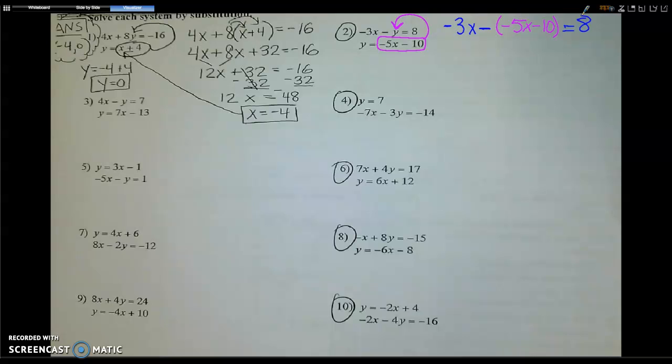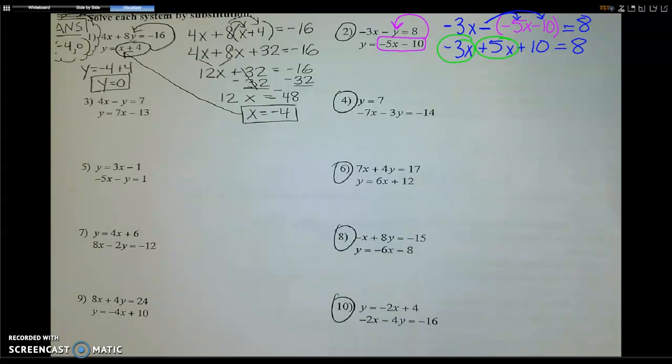Remember that we have this negative that we need to distribute. Negative times negative 5x gives us a positive 5x. Negative times negative 10 gives us a positive 10. Bring down everything else. Combine like terms. I know that this negative 3x and this 5x can combine.